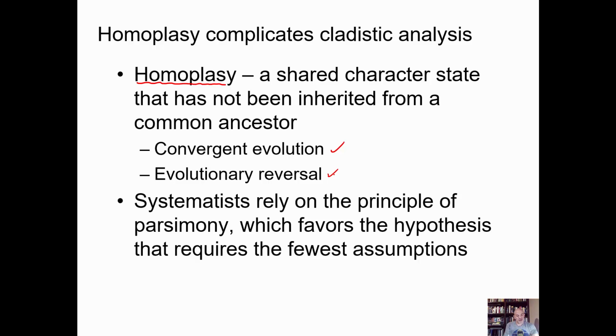So what do you do in cases where homoplasies occur and could present confusion in the hypothesis you want to go with when establishing your phylogeny, your evolutionary history? You're going to apply what's called the principle of parsimony. You're going to go with the hypothesis or the phylogeny that requires the fewest assumptions.